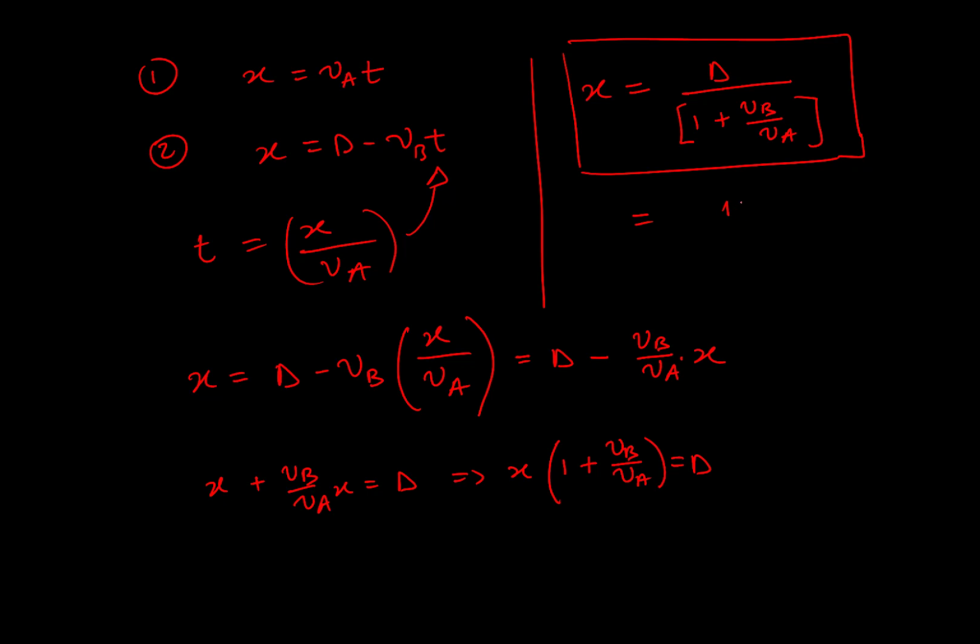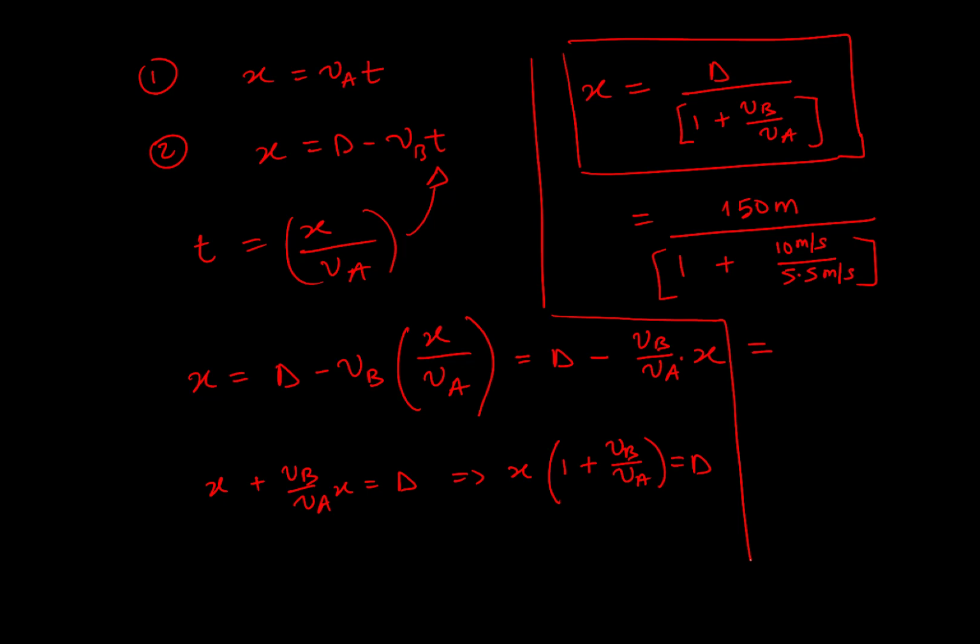So this will be 150 meters divided by 1 plus 10 meters per second divided by 5.5 meters per second. And we can calculate our answer. 10 divided by 5.5 gives us 1.82, plus 1, 2.82.